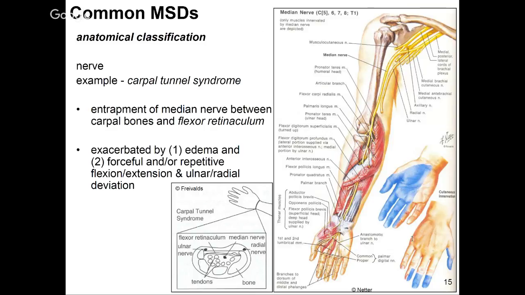So carpal tunnel syndrome is a really common MSD. If you look at a cross section of your wrist, so if you were to chop it right there, you'd see this bundle of tendons and nerves and vessels coming through what's called the carpal tunnel.